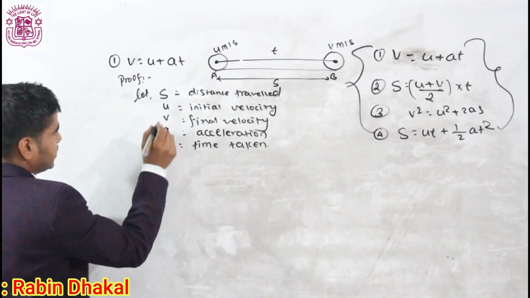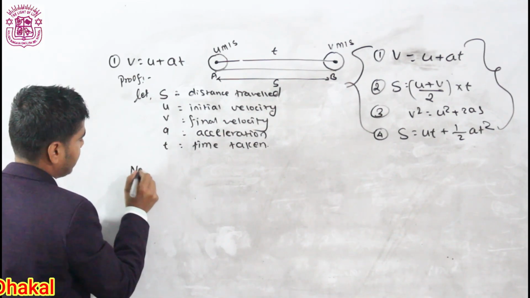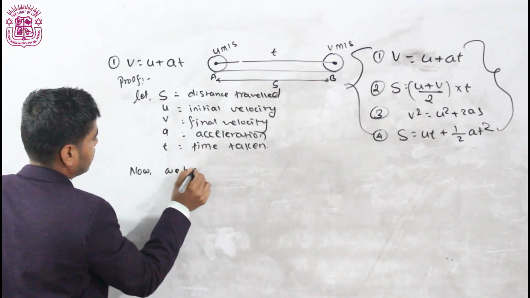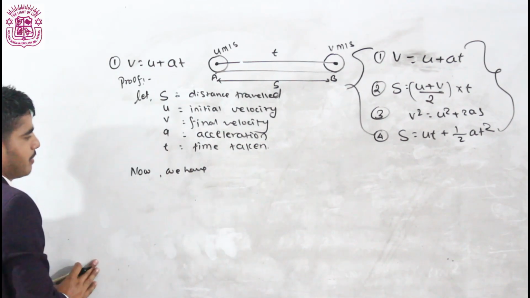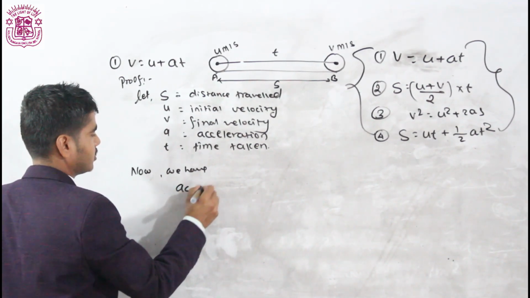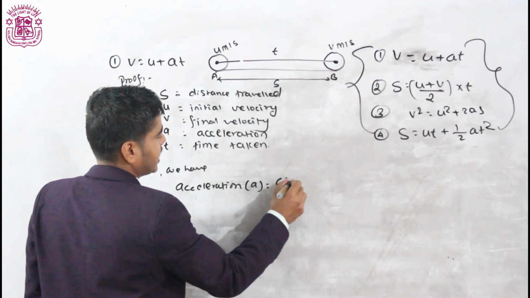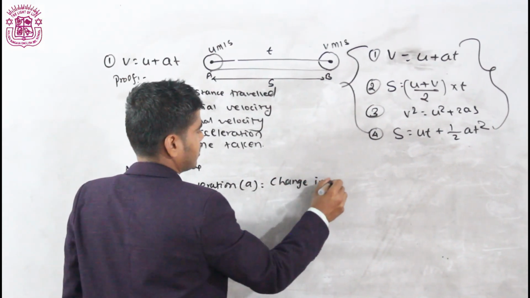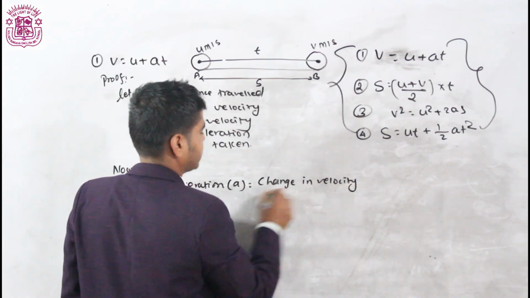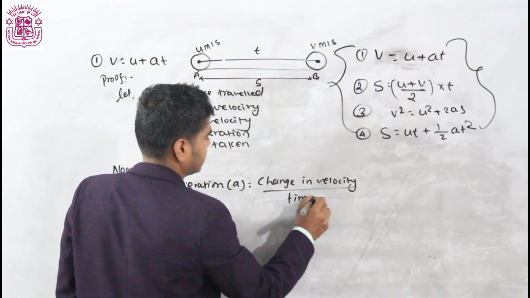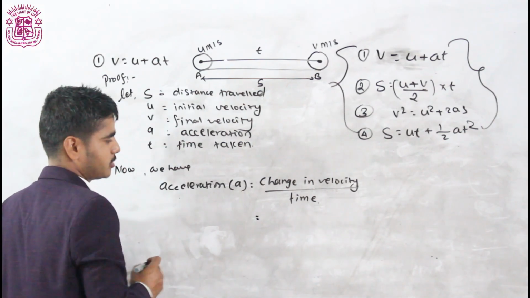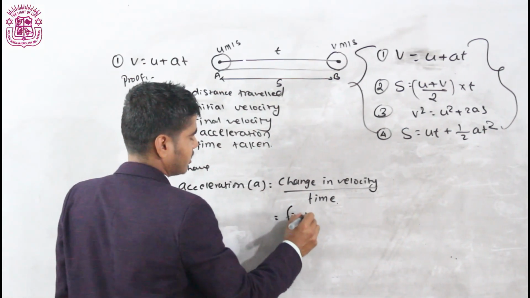Now to prove this, from the definition of acceleration, what do we have? Acceleration a is equal to change in velocity per unit time, because we have already defined acceleration.